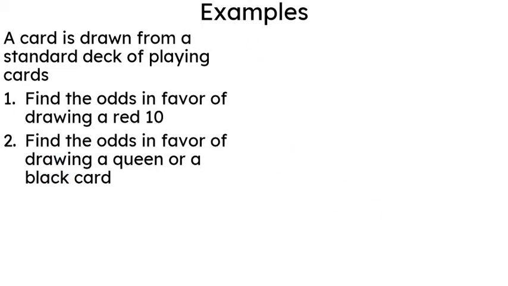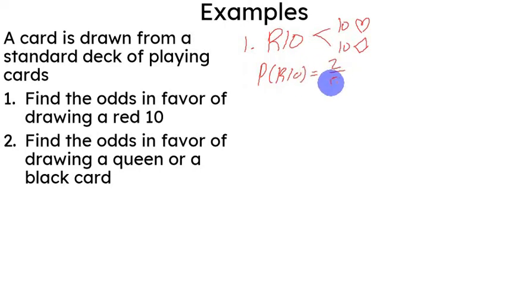Alright, so first we are asked to find the odds of drawing a red 10. We know that there are two red 10s, a 10 of hearts and a 10 of diamonds. So the probability of getting a red 10 would be 2 out of 52.